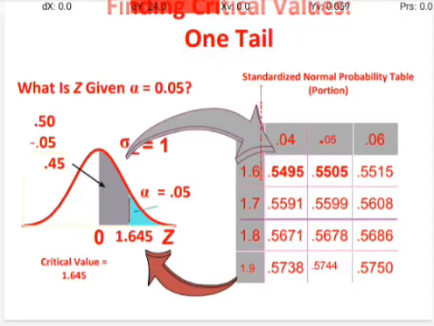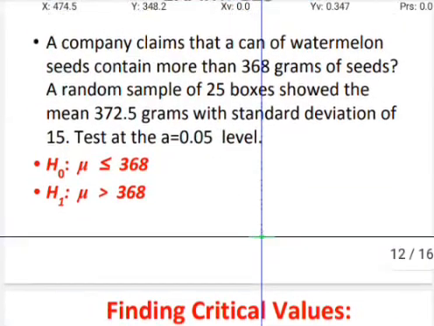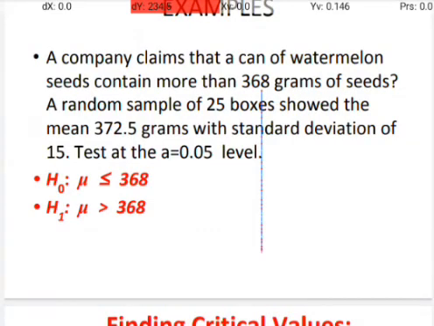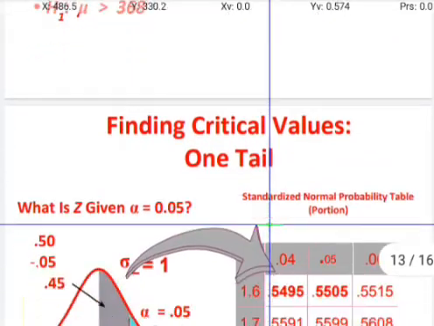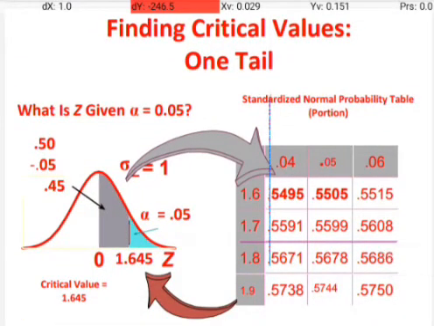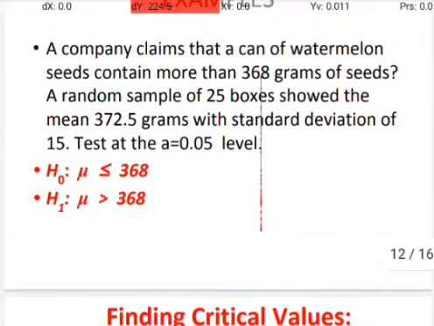Now, I would like to go back and show you something here. What we are dealing with now is what we call a right-tailed test. Look at the alternative hypothesis, the H1, and the direction in which it is pointing, such that mu is greater than 368.